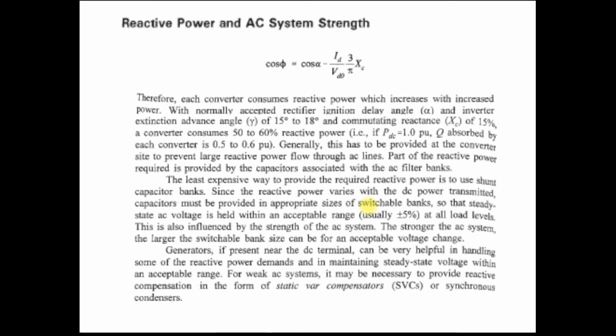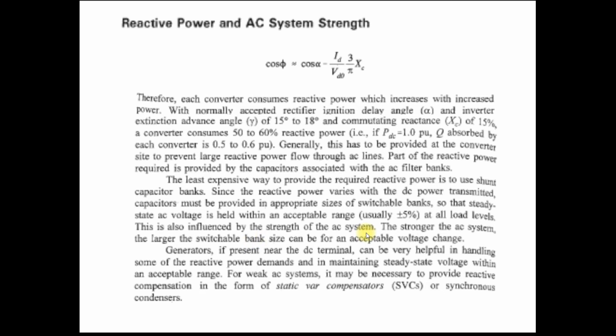To maintain the voltage within the range of plus or minus 5% at all load levels on the AC side, you require dynamic reactive power support. For that you require appropriately sized switchable capacitor banks. This will also influence the strength of the AC system.